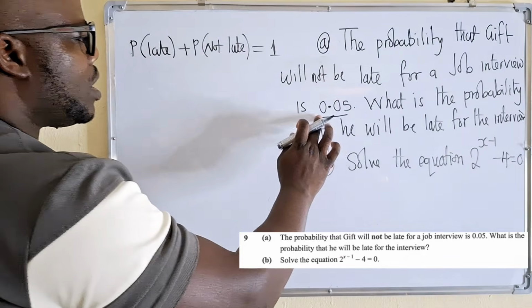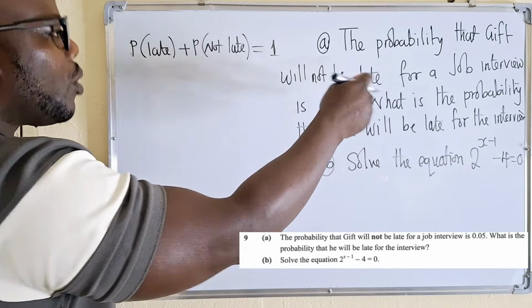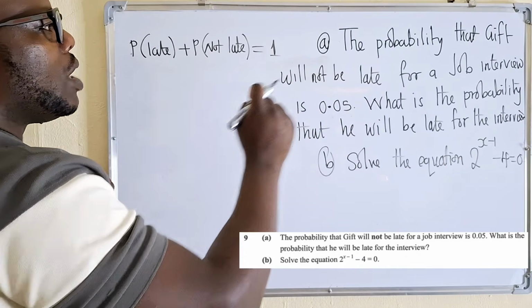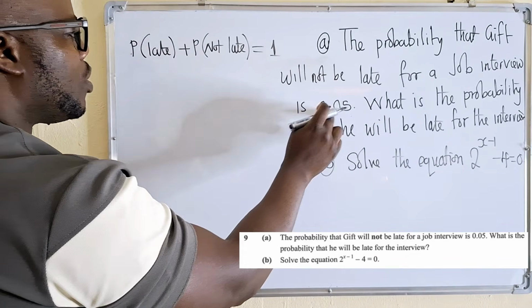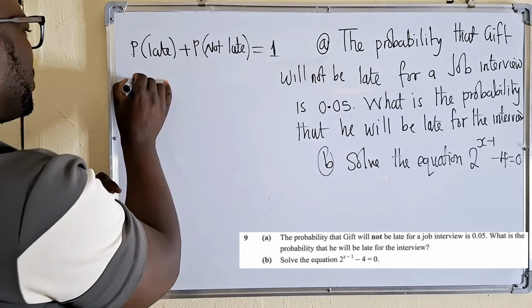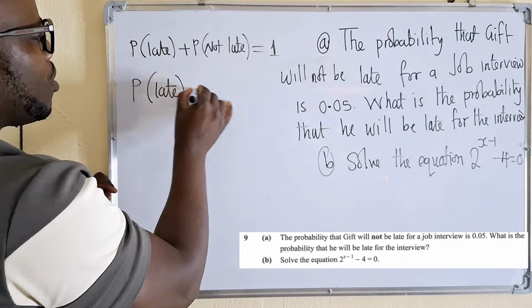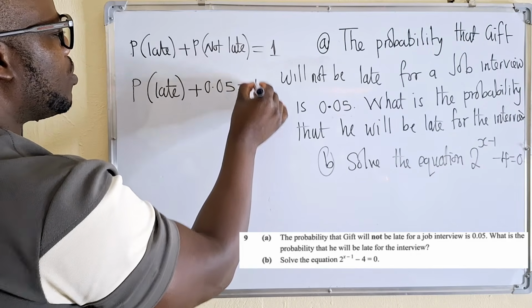So in our question here, they've given us this, which is the probability of not, okay? Should I say the probability of this gift being late for interview? So late, it's 0.05. So probability of being late, that's what you're looking for, plus 0.05 is equal to 1.